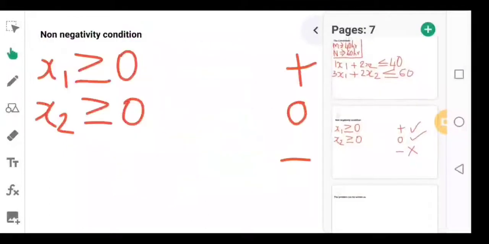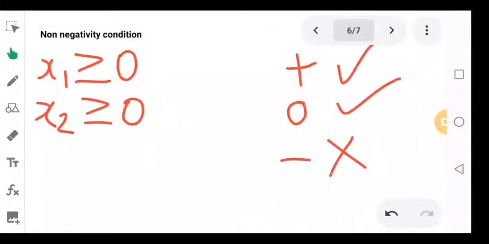You're producing something, so either it will be no production or a positive production. That's why decision variables cannot be negative. That's why there is this condition called the non-negativity condition, which says that your decision variables will be greater than or equal to 0. That's what is being written in this form.